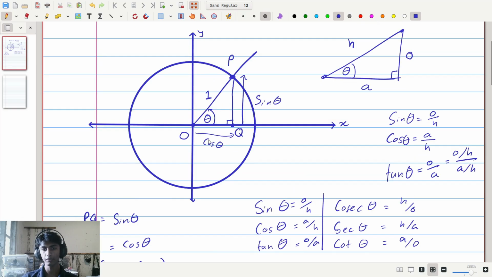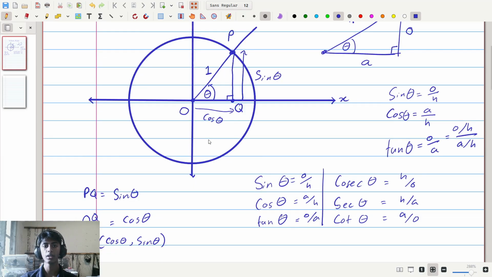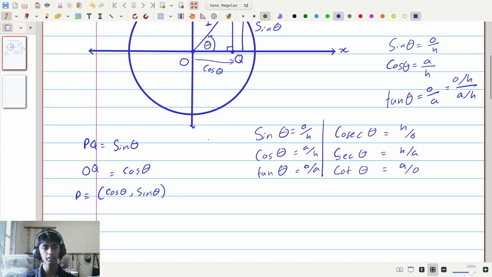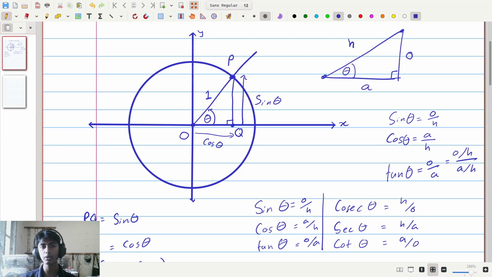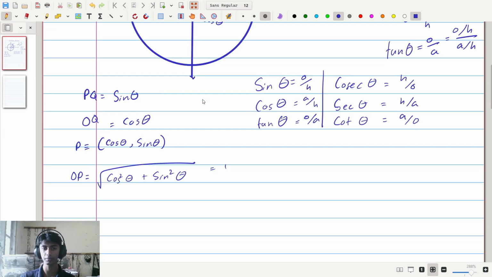From earlier, we can actually prove this separately also, but you'll note, if we take the distance OP, from the previous lesson we know the distance of any point to the origin is the square root of its x coordinate squared plus its y coordinate squared. So OP is really the square root of cosine squared theta plus sine squared theta, which we also know is equal to 1 because OP is a radius of the circle that we drew earlier, which is the unit circle.